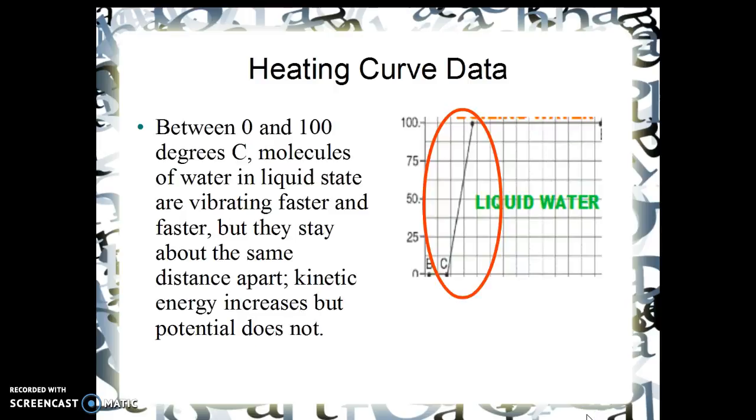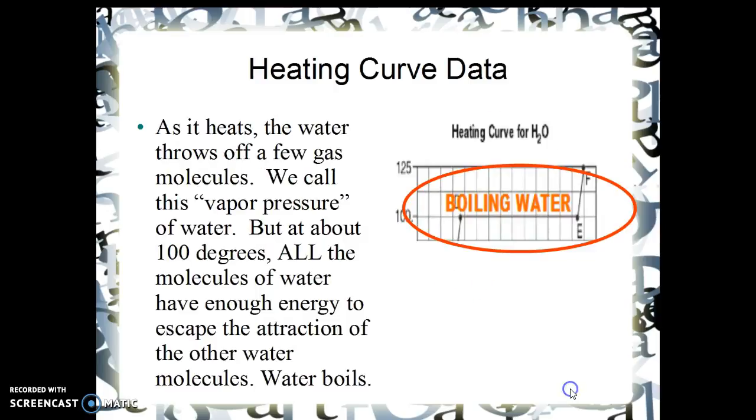Between 0 and 100 degrees Celsius, the molecules of water in the liquid state vibrate faster and faster, but they stay about the same distance apart. The kinetic energy is increasing, but the potential energy, the energy of position, is not increasing. Now, towards the end of that, you start seeing evidence of vapor coming off the heating water.